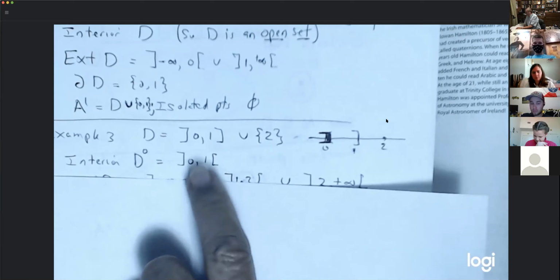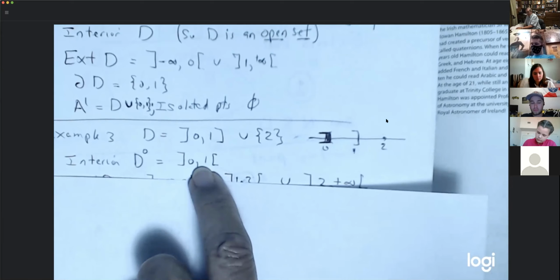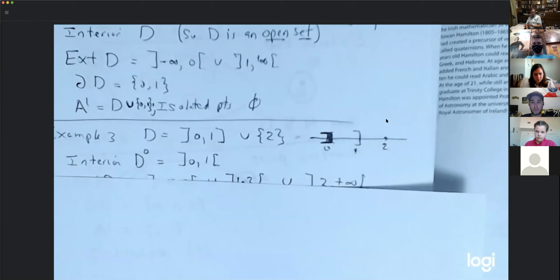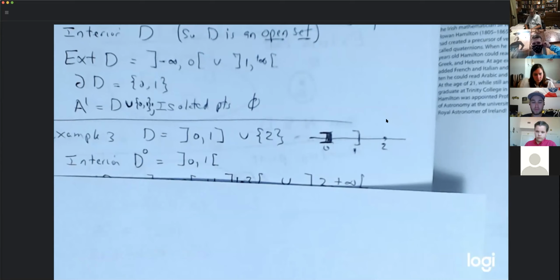If you take any point, like a half, you can surround it by something that stays inside 0, 1. Wait, wouldn't 1 be included too, since 2 is part of it, I guess? 2 is part of it, but the space in between is not. Okay, so yeah, I get it. In order for you to be interior, you have to have an interval around you which is in the set. Okay.